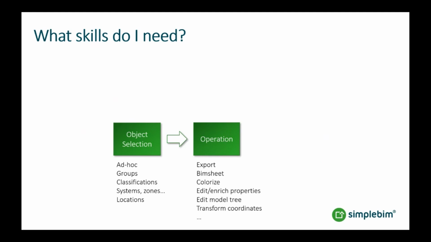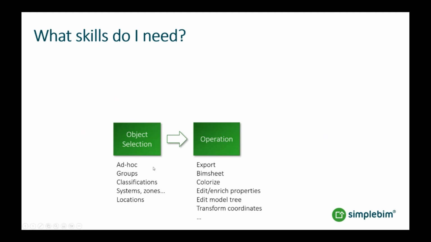So export everything in this selection to a new IFC file. The same applies, of course, to everything else. Like if you want to colorize things or put them into Excel and so on. You can even transform coordinates just for a selection of objects, move, rotate, and so on.